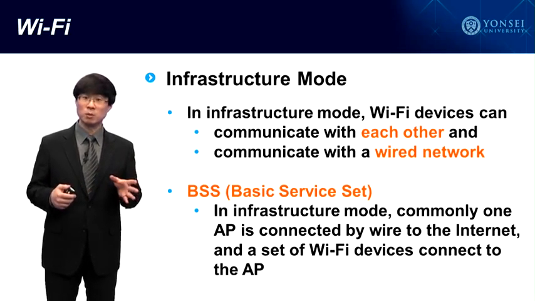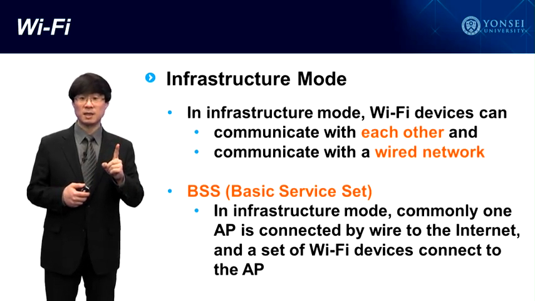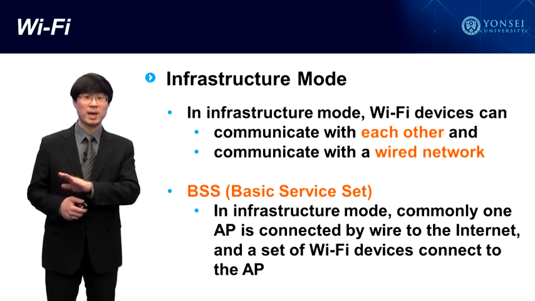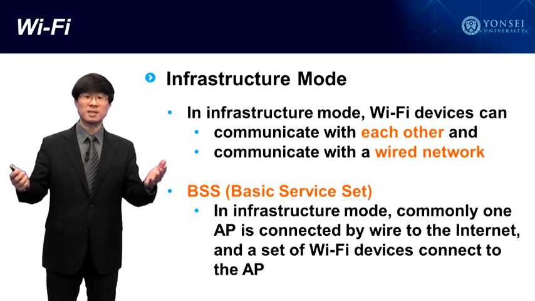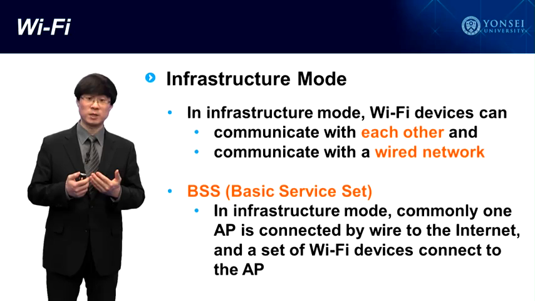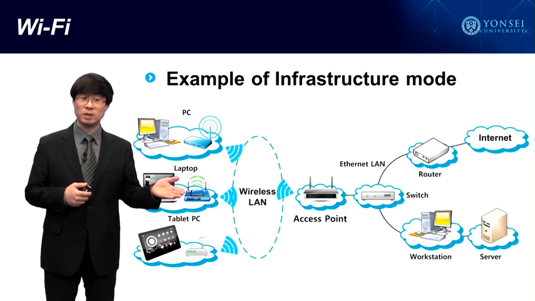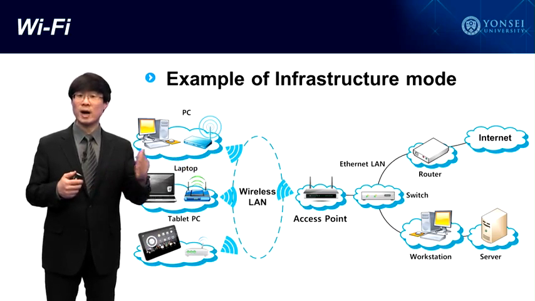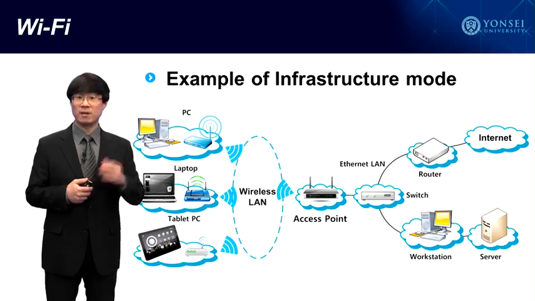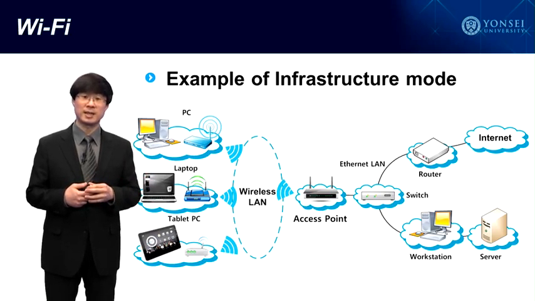In infrastructure mode, commonly one AP is connected by wire to the internet and a set of Wi-Fi wireless devices connect to the access point, the AP. This is what we call a BSS. An example of an infrastructure mode looks like this. As you can see, there's the access point connected to an Ethernet local area network, and through the wireless connection, we have a PC, laptop computer, and other types of smart devices connected.